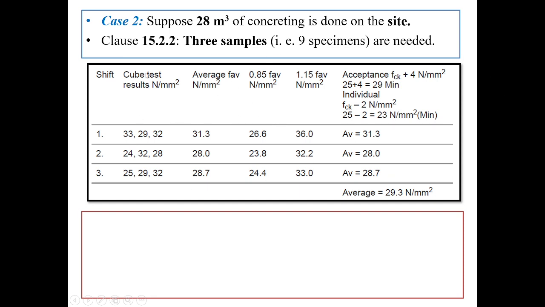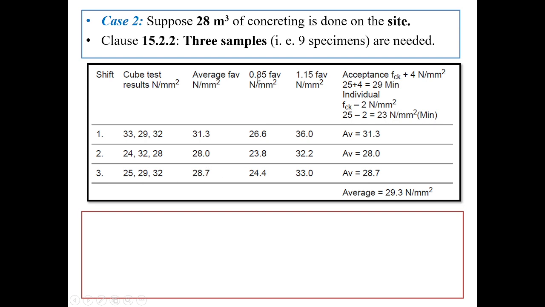So here sample number 1, they have given the strengths as indicated here. Average is 31.3. Then sample number 2, they have given the various strengths as indicated in column number 2. The average value is 28. Again sample number 3, individual values of specimens are given in column number 2, and the average of these 3 is 28.7.